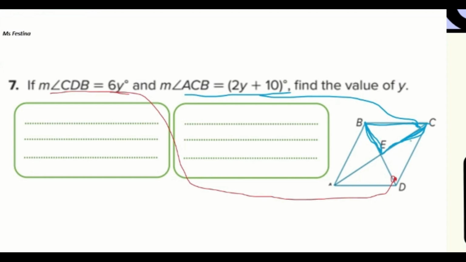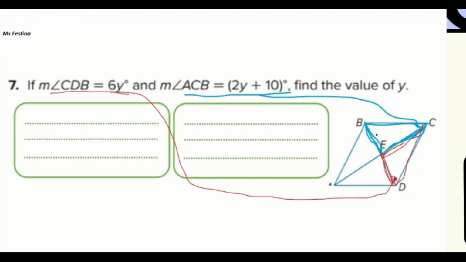We need to look at that because we are given that right there, and then we also need to look at triangle CDB, this triangle here with red, in order to solve this problem. So we need to look at that so that we can see what we can deduce.